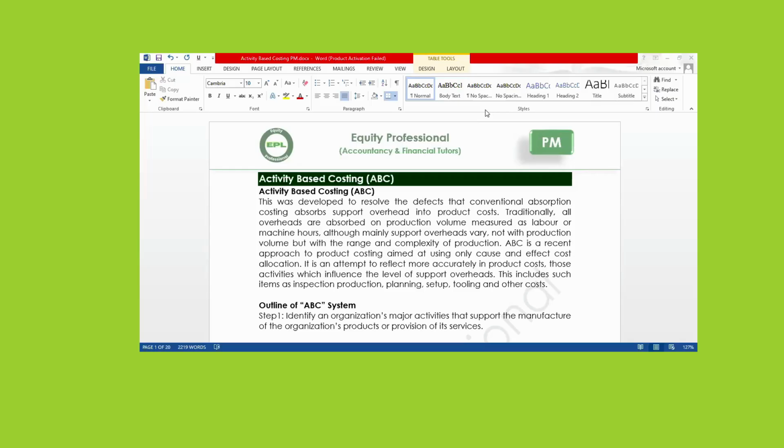However, what we call overhead cost may not be as a result of labor hour or machine hour. What is overhead cost? Overhead costs are indirect costs.